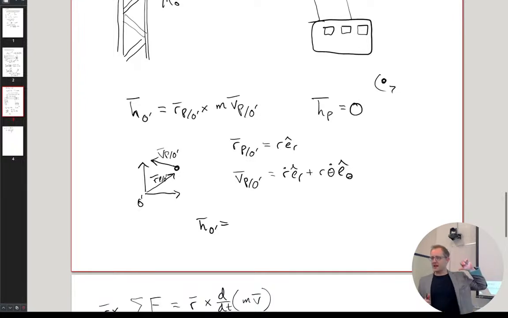And now we're just taking the definitions that we have, plugging them into that H O prime value, and calculating what is angular momentum here.